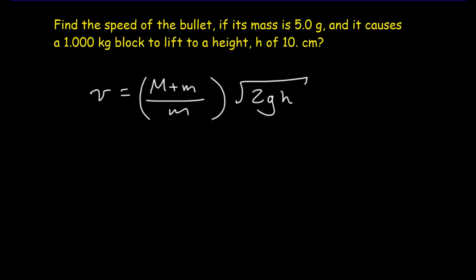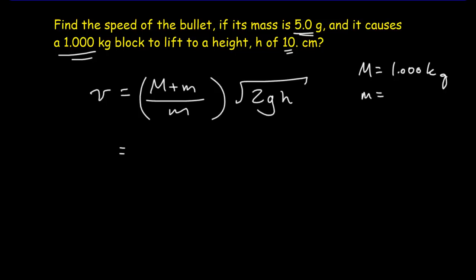As a numerical example, let's plug some figures in to figure out what the speed would be if we sent in a 5-gram bullet and it caused a 1 kilogram block to lift to a height of 10 centimeters. Okay, so we're going to have to use MKS or SI units. Big M is going to be 1.00 kilograms.